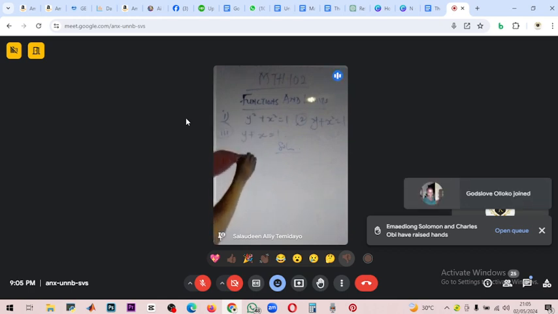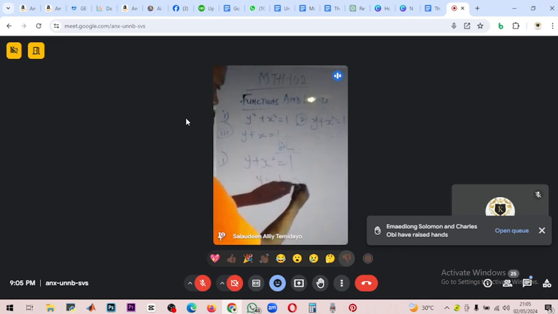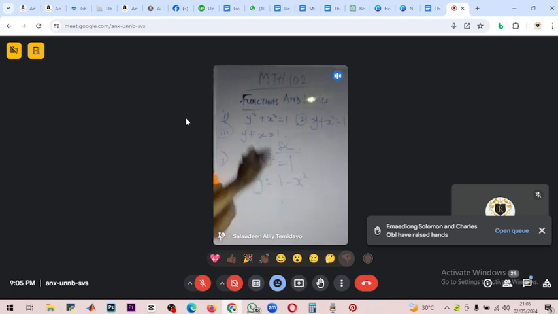We take the next one, y plus x squared equals 1. Is y a function of x or not? We make y the subject first. Now, y equals 1 minus x squared. We've made y the subject. So since it's just one value, we will get just one value. If x is 1, it will be 1 minus 1 squared, which is 0.